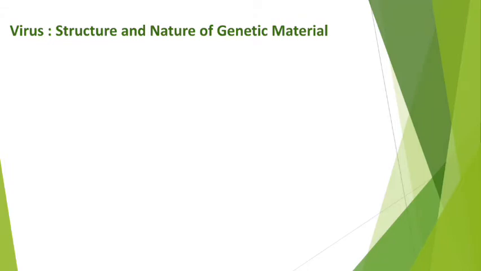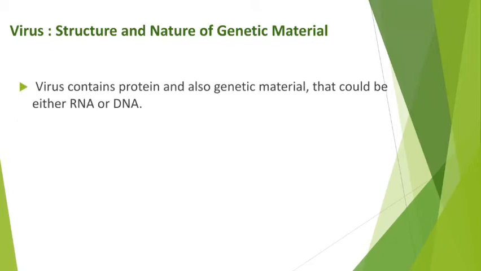Now let us learn about virus structure and the nature of genetic material. What is the virus structure and what is the nature of the genetic material they possess? Virus contains protein. We have already come to know that virus is much smaller than a cell.